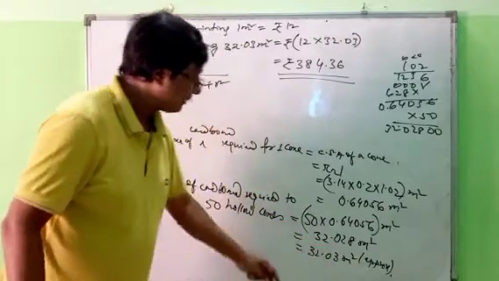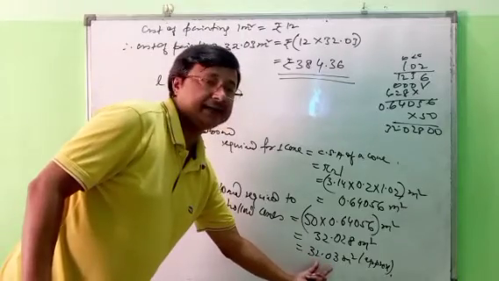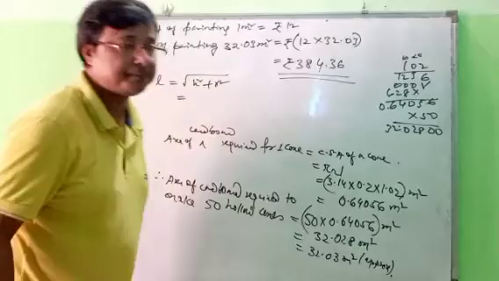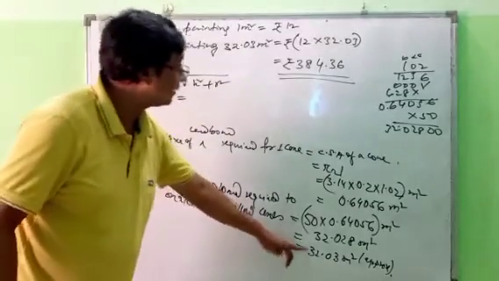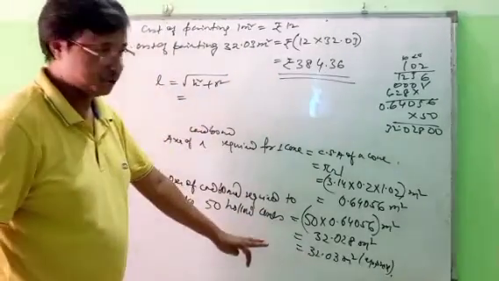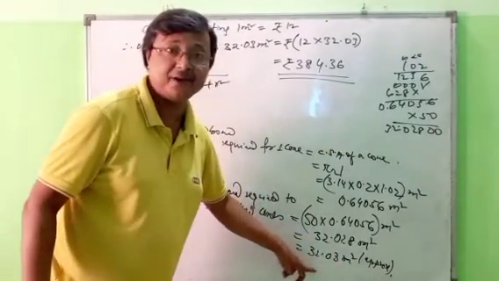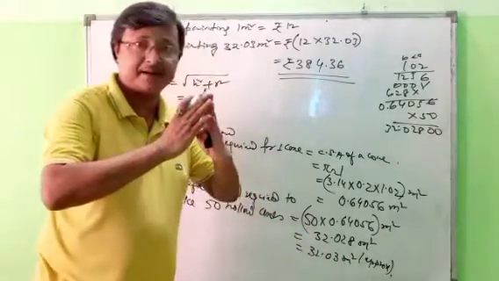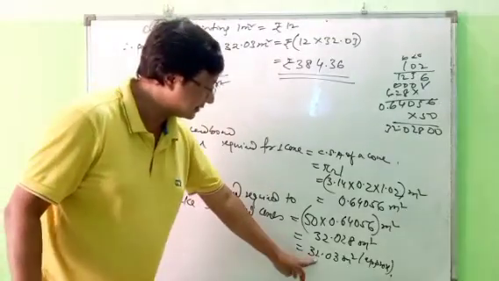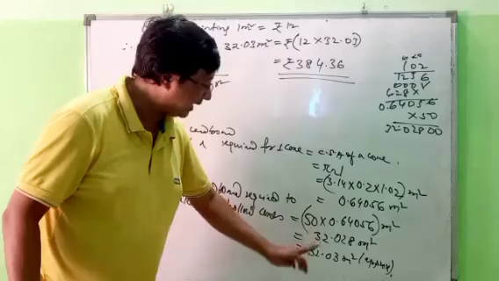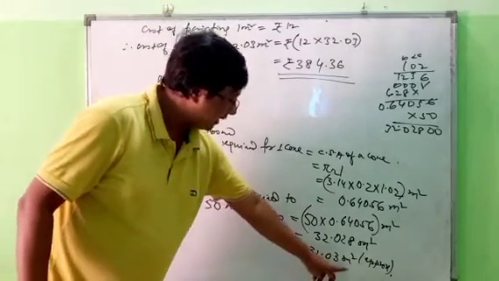Now, this is the curved surface area of the 50 cones. They are going to paint the outside part of these 50 cones. That means they are going to paint on this much area, because the curved surface area is a total of this much for the 50 cones.